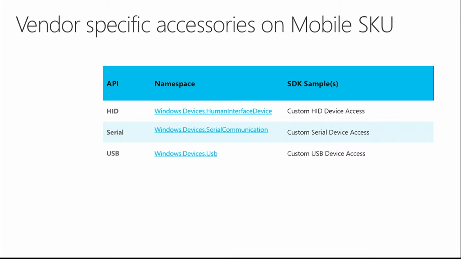These APIs are part of the Universal Windows App Platform, so you can use them on PCs or embedded systems or even phones, leveraging your prior familiarity for developing for them on these new form factors like phones and embedded systems in the language of your choice. So these namespaces and these SDK samples, we're providing at Build, and they also work on handsets that support USB dual role, like this development handset.